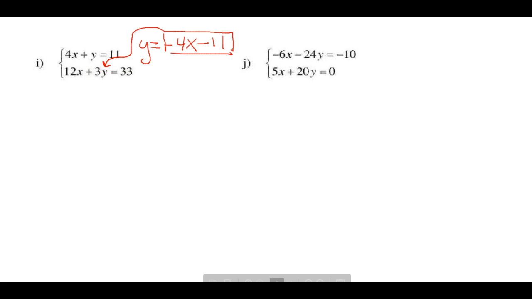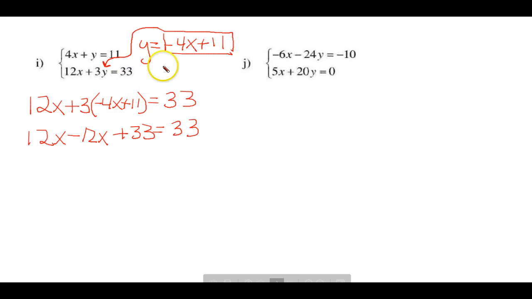And we'll give you some time for this. And we hope you picked up on this. It's a plus 11. And when we substitute and distribute, we get a negative 12x, a positive 33. And look what happens. The 12x's cancel out, and we end up with 33 equals 33.